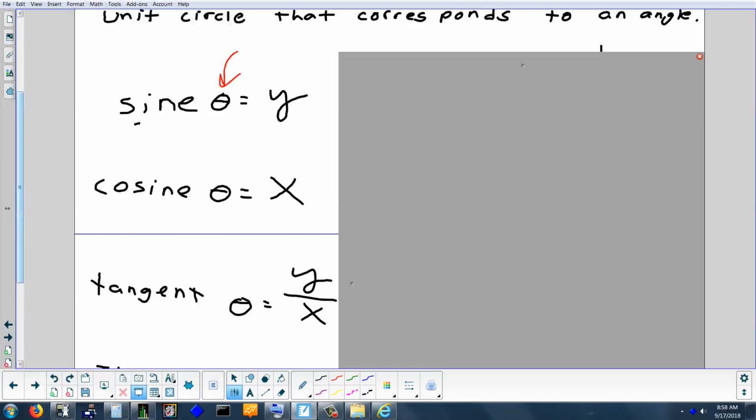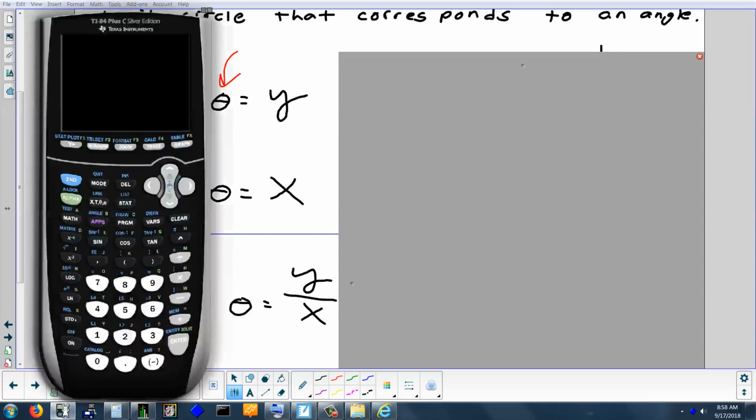These are also abbreviated. So from now on, when I write sine, you'll see SIN, so sine, cosine, tangent. And those are the same abbreviations you see on a calculator. They're all 3 letters.